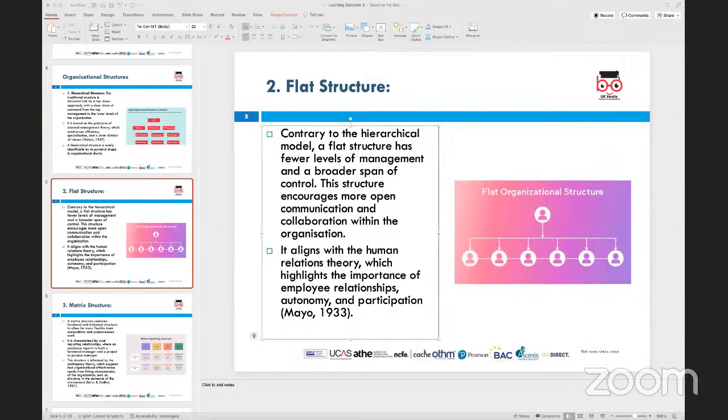So you could see flat organizations in small companies, medium companies, and large organizations, but it tends to be where working staff within the organization have a good number of years of experience.